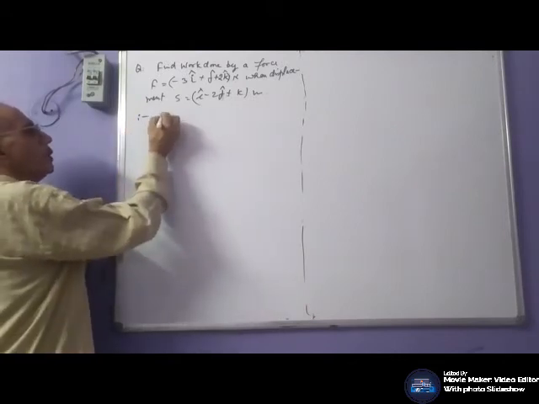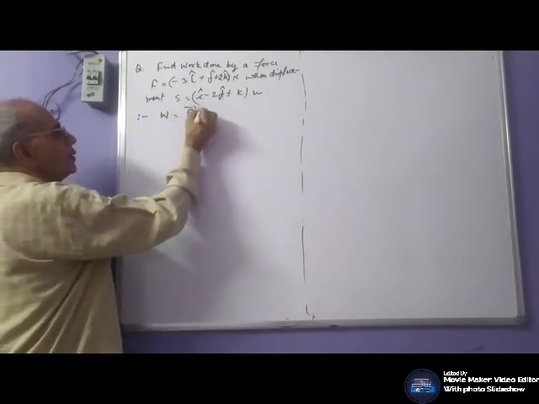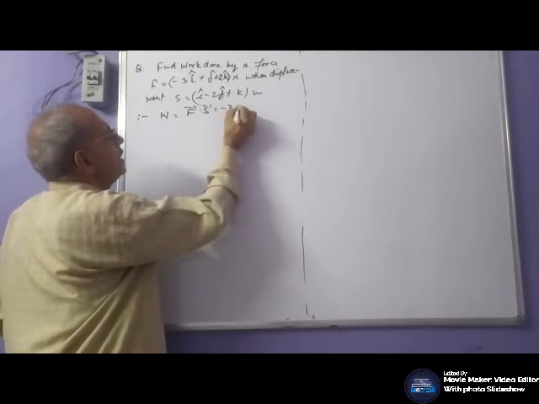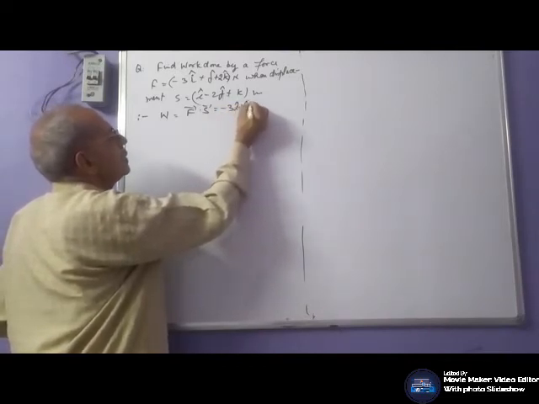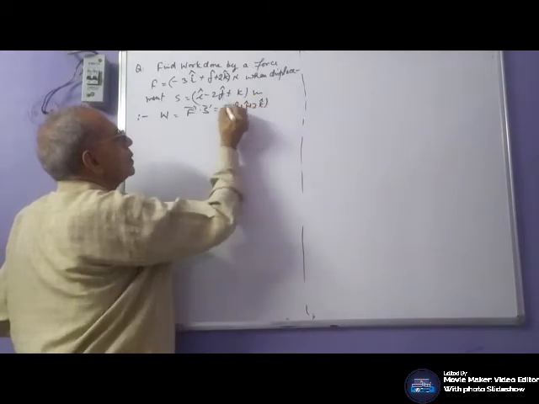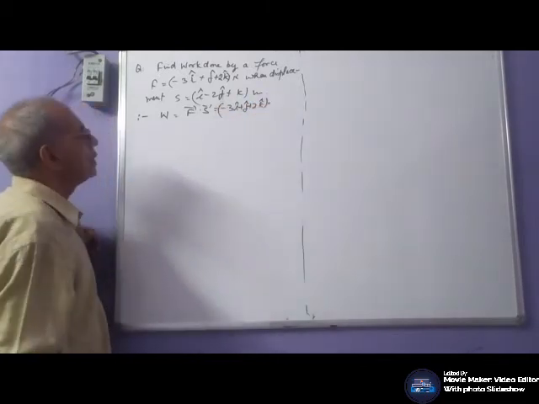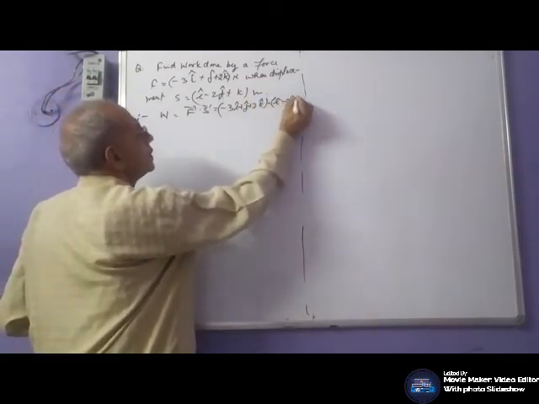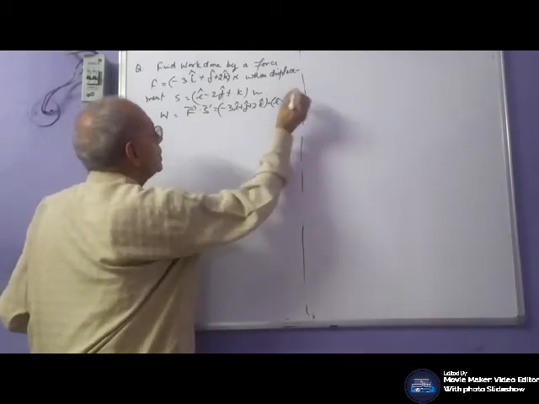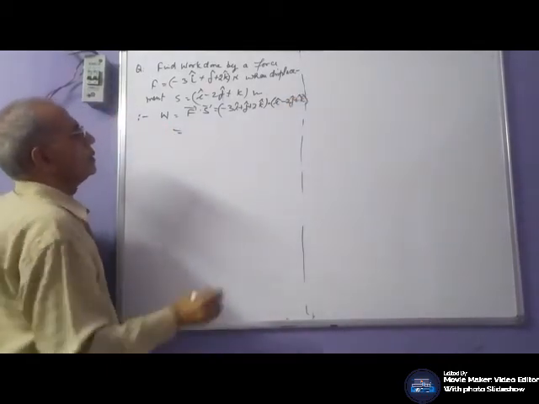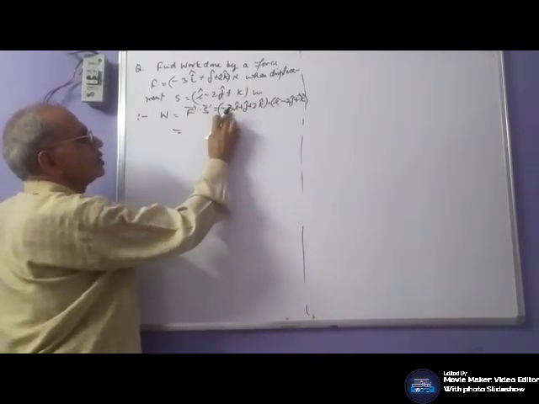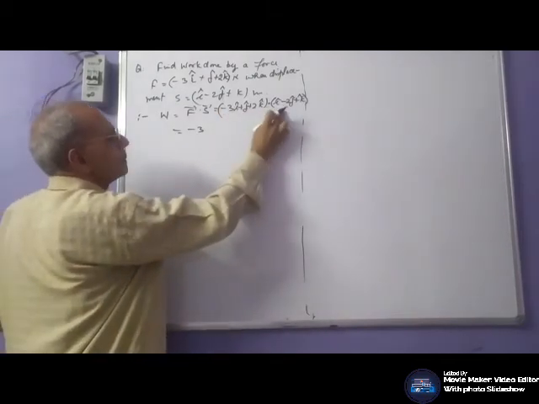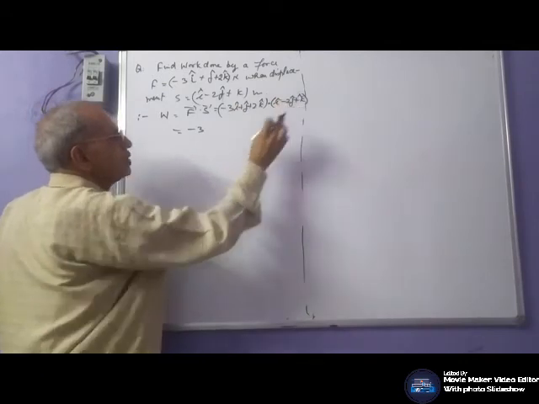Solution: we know work is F dot S. F is minus 3i plus j plus 2k, dot S, i minus 2j plus k. i dot i is 1, so this into this is minus 3. i dot j is 0, i dot k is 0.